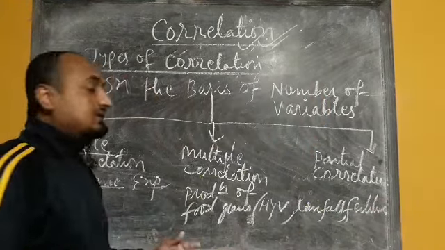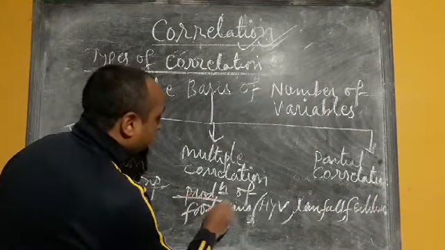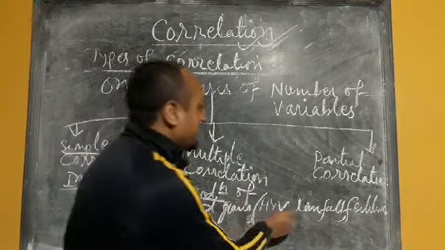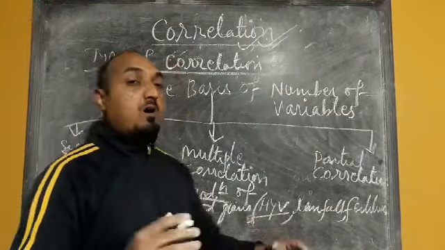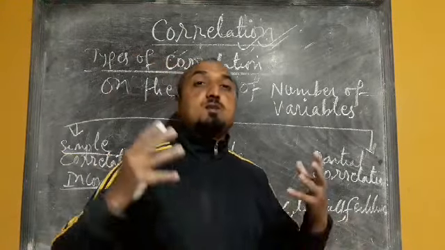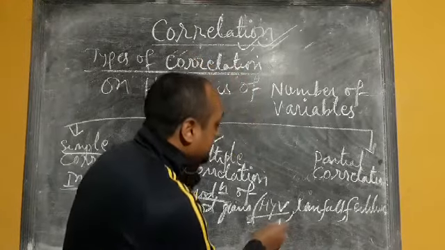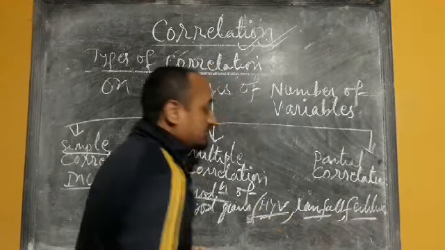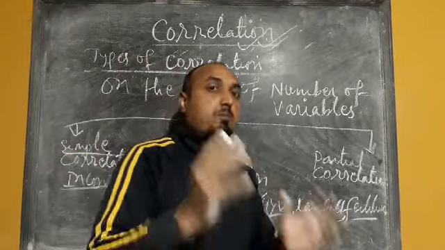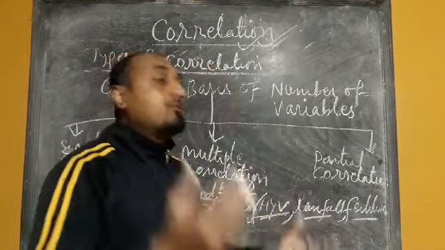So here we can see that this production of food grains depends on many variables: high yielding varieties of seeds, amount of rainfall received, and the amount of fertilizers used. So more than three. So change in the production is caused by change in many variables.